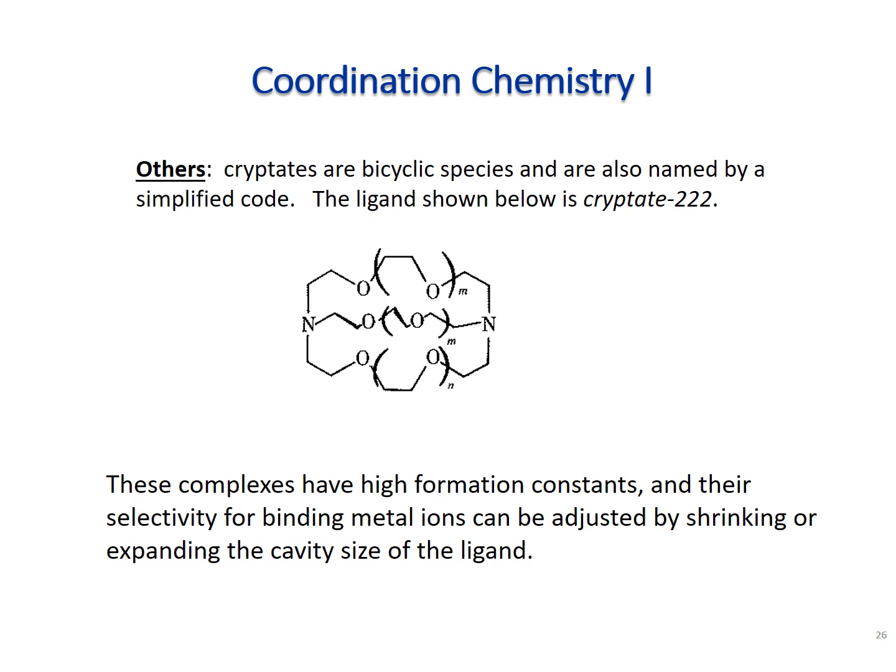And so these are of interest for a lot of different reasons, but especially in terms of that cavity size. So you can certainly put metals in there. These sorts of complexes may be of interest for trapping other small molecules inside of those bicycles, for example.